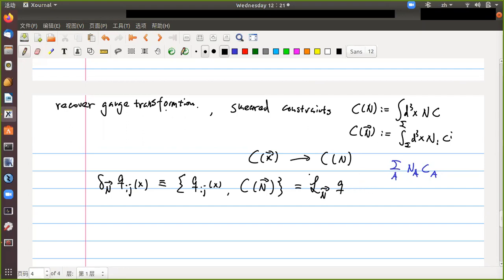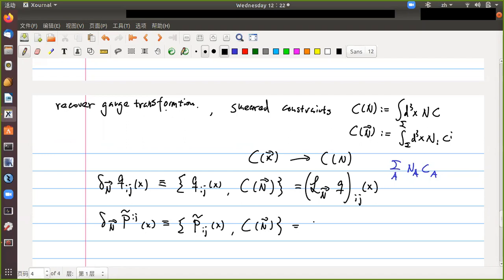q is a tensor. This is the Lie derivative of the tensor q in ij components, evaluated at point x. And similarly, if you do the transformation for p^ij, this is again defined by the Poisson bracket with the diffeomorphism constraint, and you will just get a Lie derivative with respect to vector n.